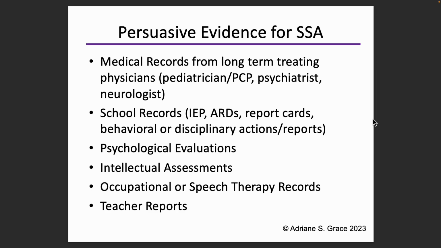That's useful for Social Security to know. And if your child has any occupational therapy records, I'd provide that to Social Security as well. All of this evidence is really persuasive for Social Security, and just know that you may need to help them out a little with their job and making sure they have the right information.